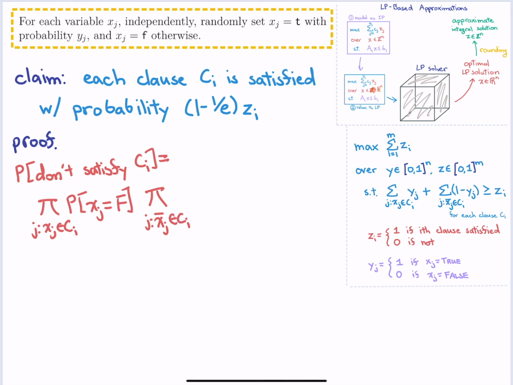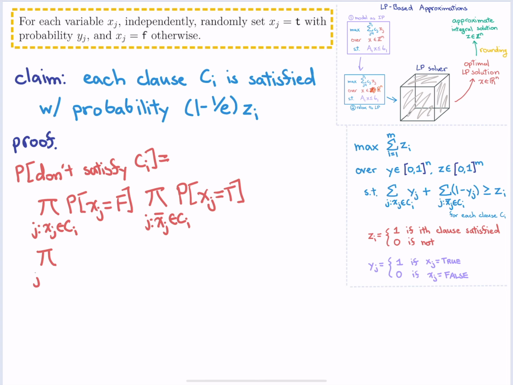So if x2 bar is in the clause, then for the clause not to be satisfied, I have to have x2 equal to true. I know there's a lot of symbols, so feel free to ask questions. I've just written out the only way for the clause not to be satisfied, multiplying those probabilities together. It's like getting all tails, right? And now we just need to plug in what these probabilities are.